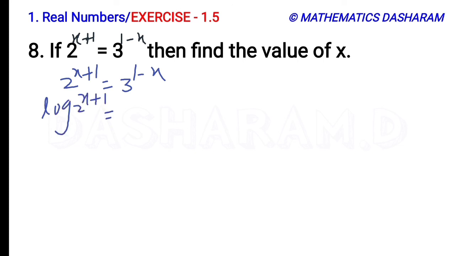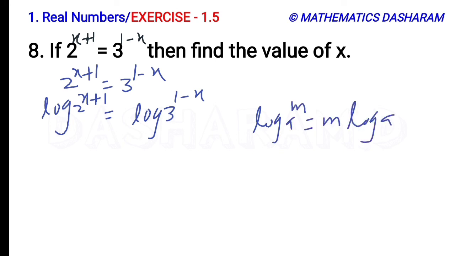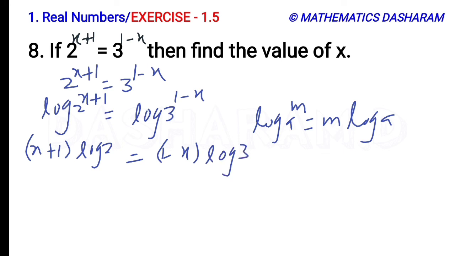So log of 2 to the power of x plus 1 equals log of 3 to the power of 1 minus x. Now the formula for log a to the power of m is m log a. So (x plus 1) log 2, and here (1 minus x) log 3.